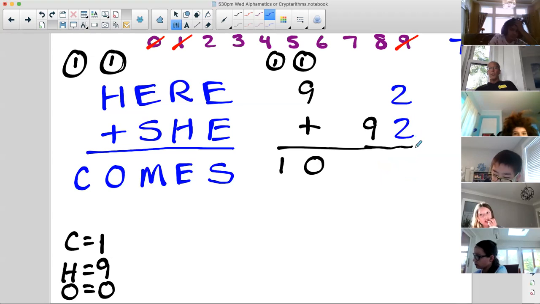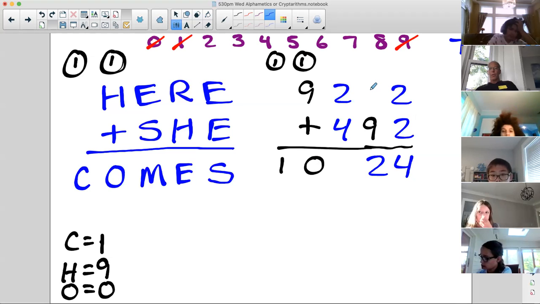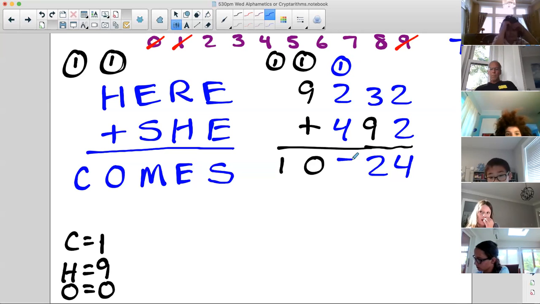If E is 2, then S is 4, and E is 2. Now, Adalia, what would R have to be in order for E to be 2? 3. So far, so good. And what would M have to be? 7. But then nothing carries over.